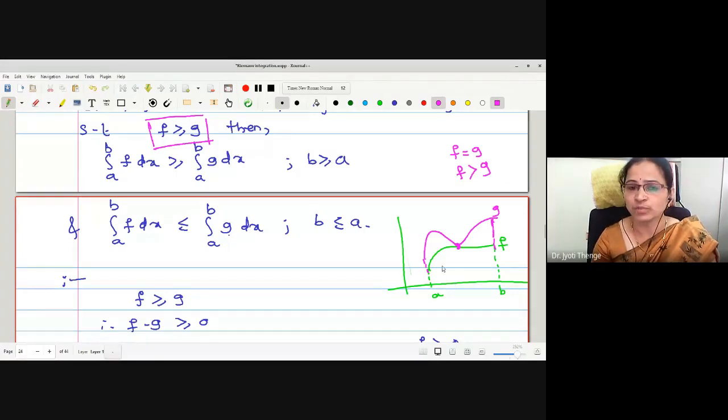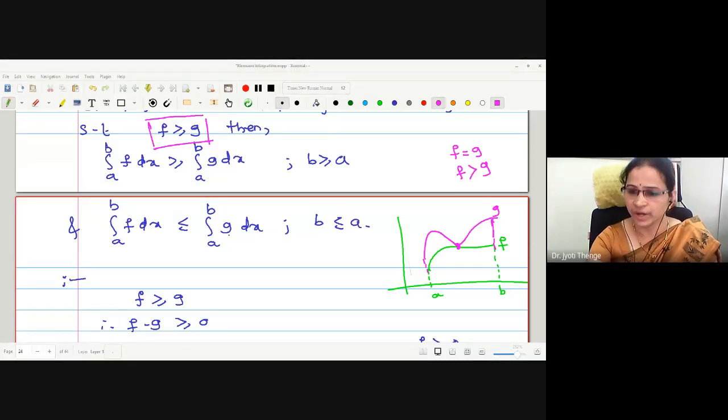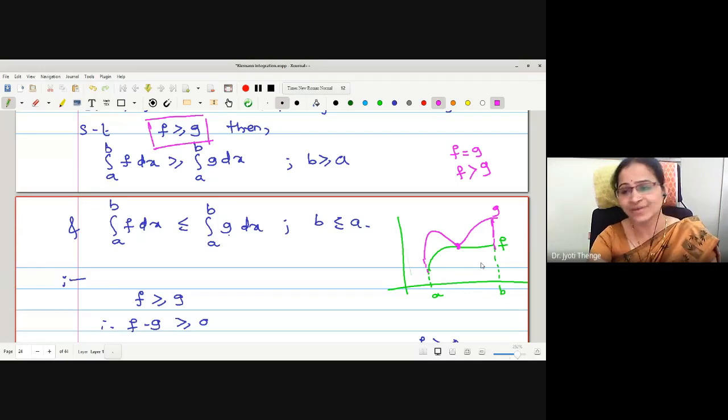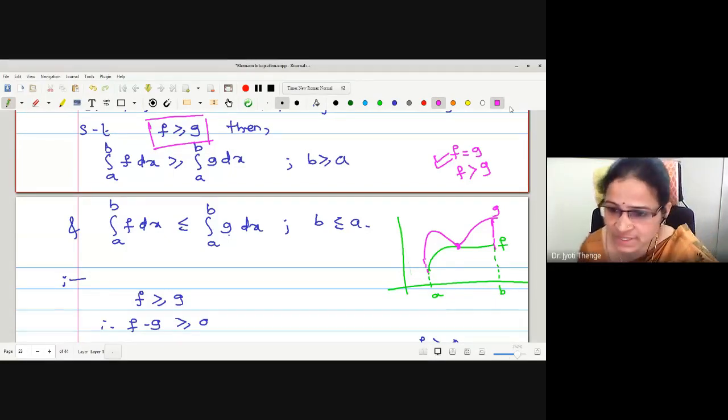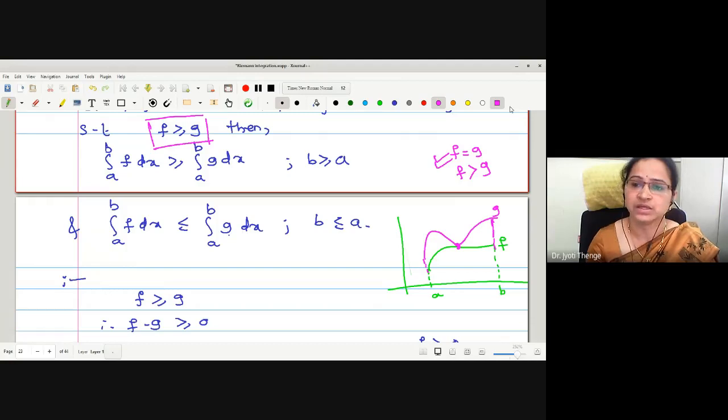Then what about the area bounded by g and the area bounded by f? What would be the relation? Surely the area bounded by g is greater than or equal to the area bounded by f. Why are we saying greater than or equal? Because of this possibility: if f is equal to g, then the area bounded by f is exactly equal to the area bounded by g.